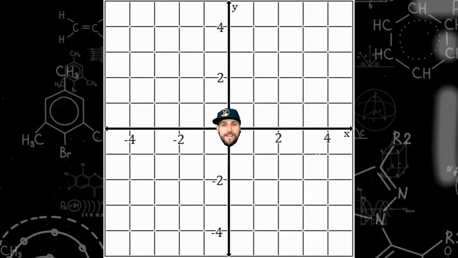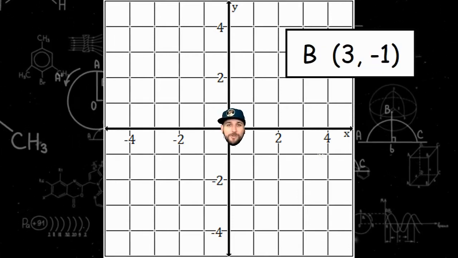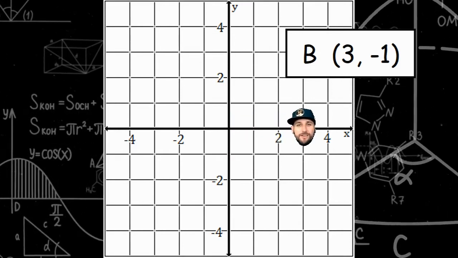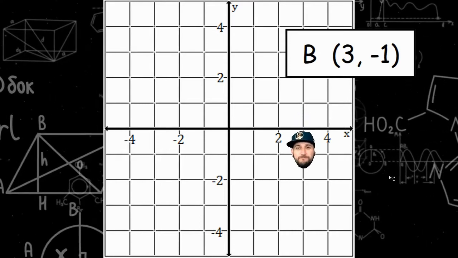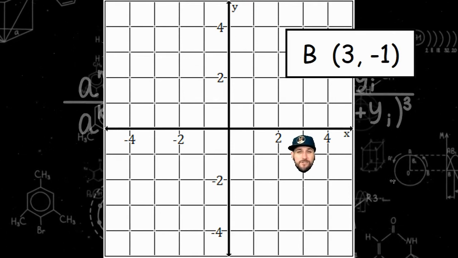B is at 3, negative 1, 3 on the x-axis, so I go forward 3 on the x-axis. My y-coordinate is negative 1, so I go down 1. And now I'm at my ordered pair 3, negative 1, which is in quadrant 4.